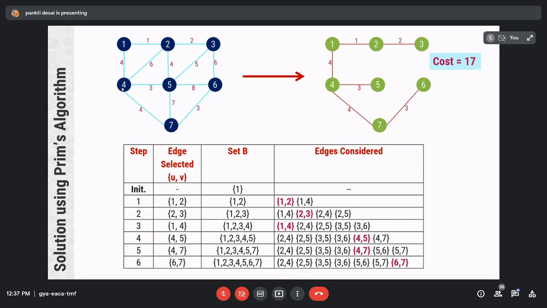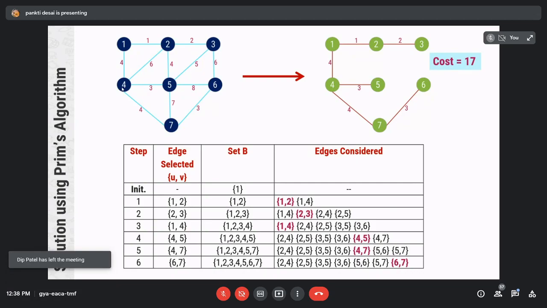Right. Now, to generate a minimum spanning tree in Prim's algorithm, we select the adjacent edges only. We select the adjacent vertices of already selected vertices. But in Kruskal's algorithm, it is not necessary to select the adjacent vertices of already selected vertices.